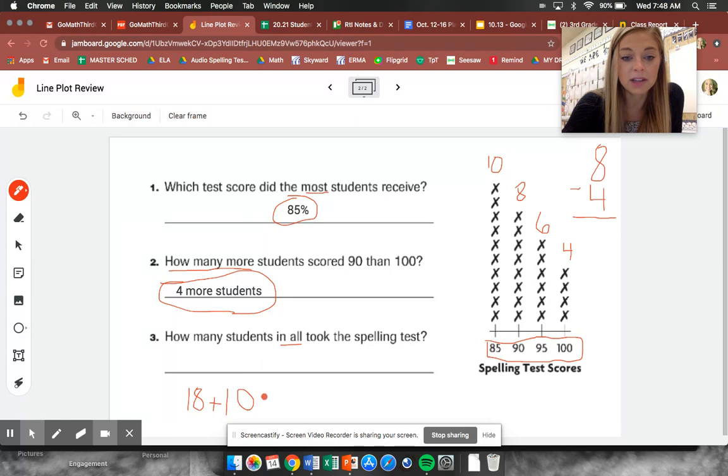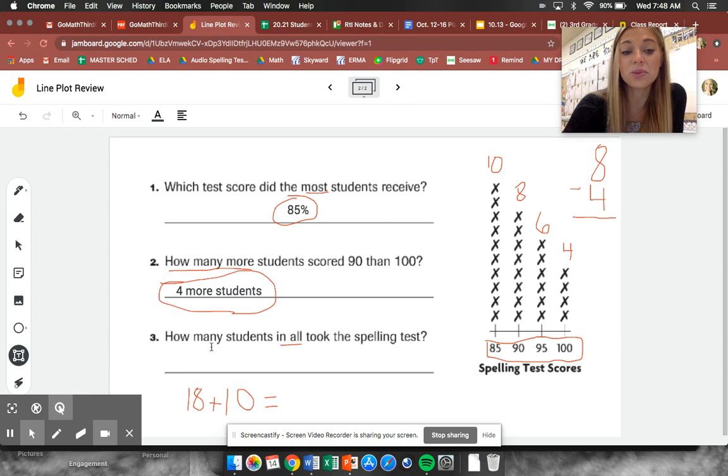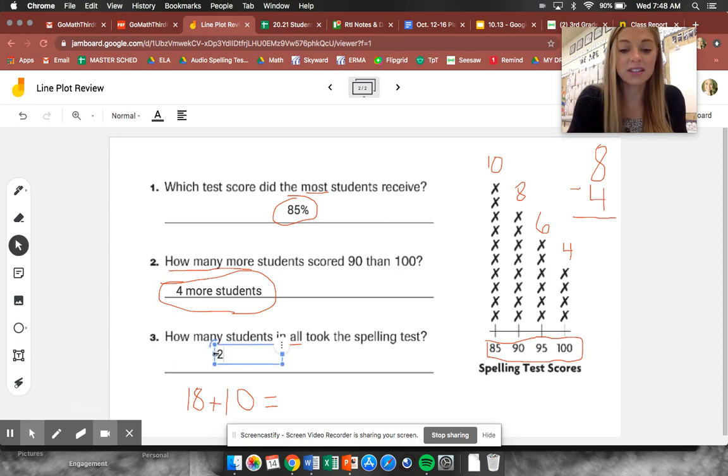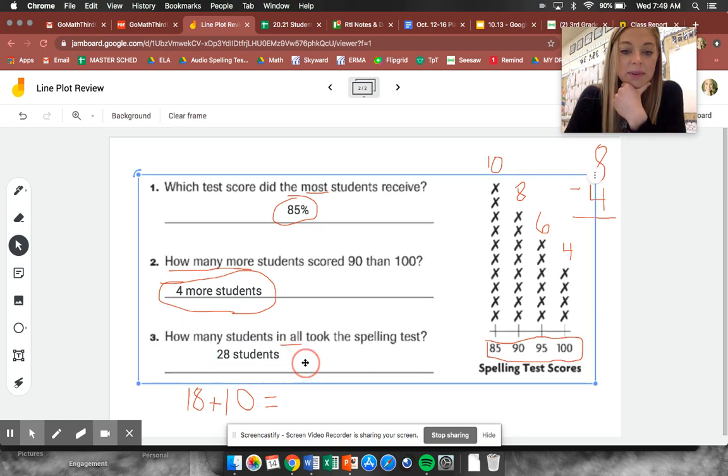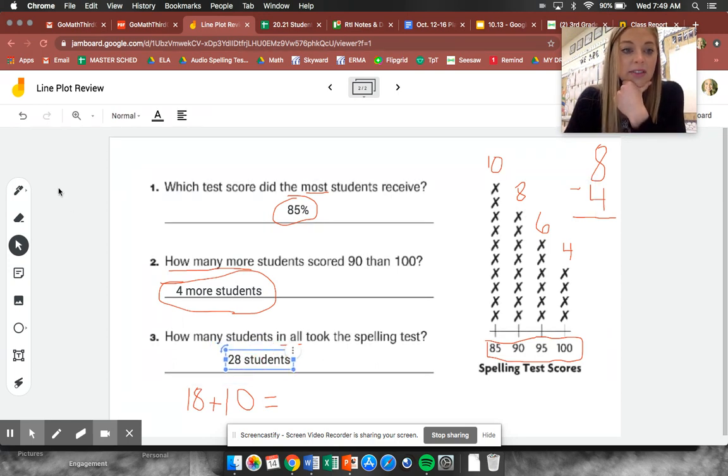It probably would have been easier if I would have done that. So try to figure out what 18 plus 10 is right now. If you are thinking that is 28, then you are correct. 28 students took the spelling test in all. So that must have been how many students were in that class. Perfect.